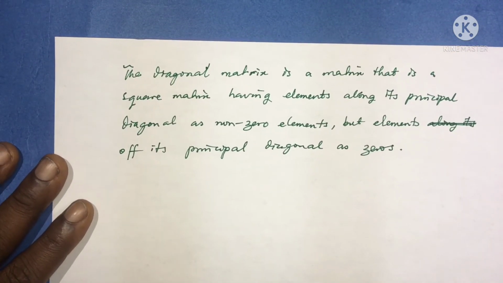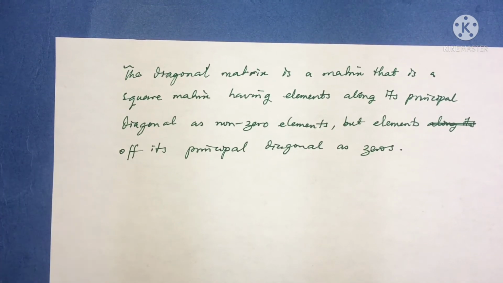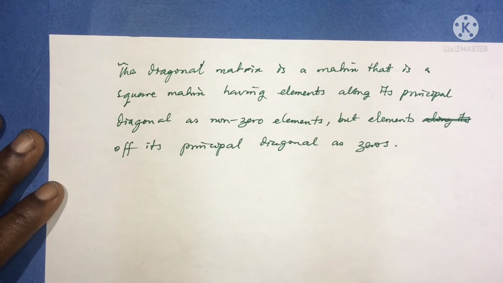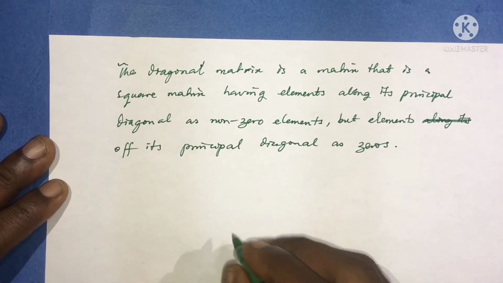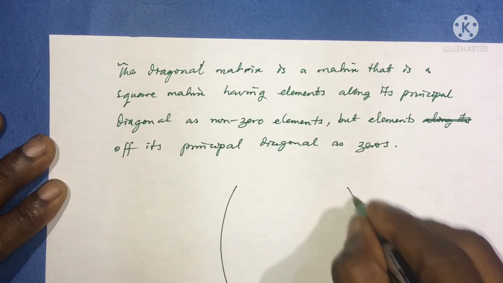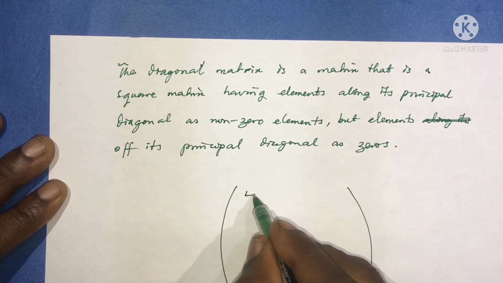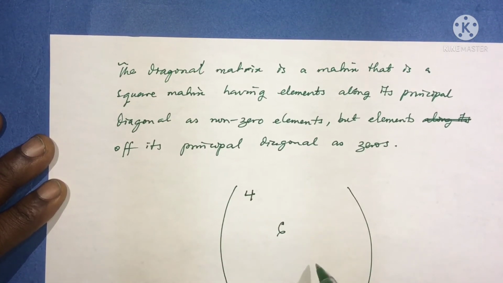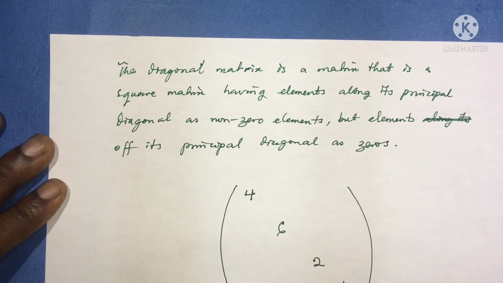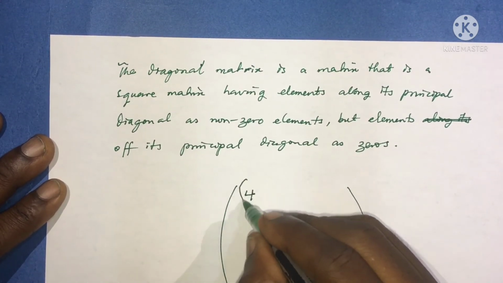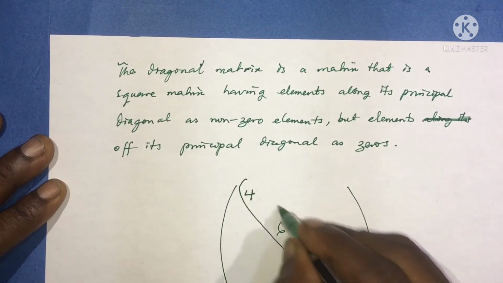Okay, so what this means is simple. What we call a diagonal matrix is a matrix that has elements along its principal diagonal as non-zero elements, and every other element in the matrix is 0. Okay, let me show you what that means. So now if I put up a matrix 4, 6, 2, and 1. Now take note, this is the principal diagonal of this matrix.